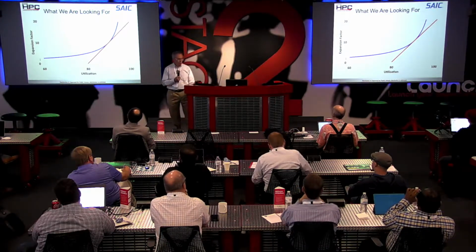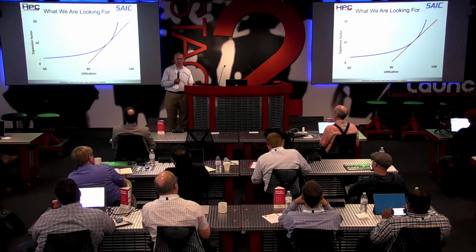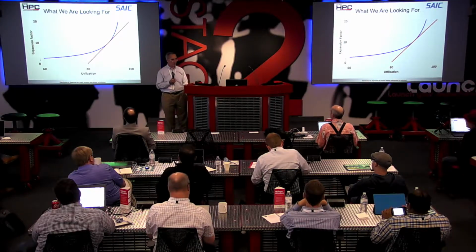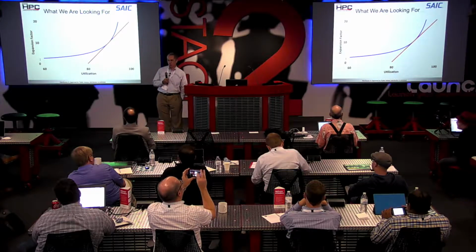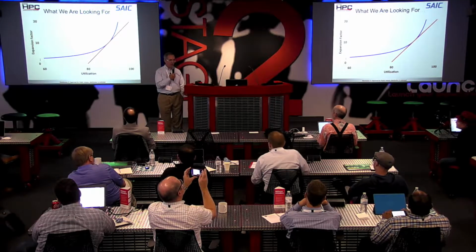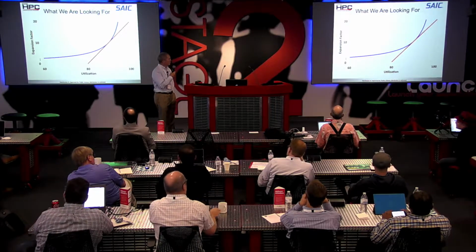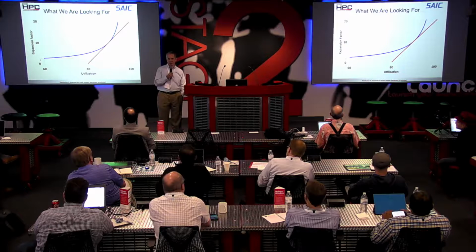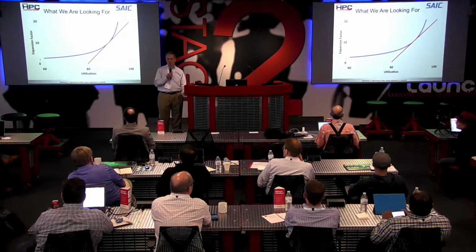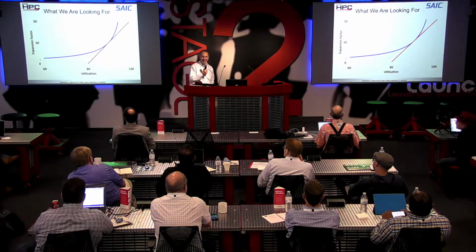We want some sort of curve that relates expansion factor to utilization, and we can use this for both groups of people, the owners and the users, so that we can set expectations. That is, of course, both groups want what they want, and we need to tell them, well, you can't have that.